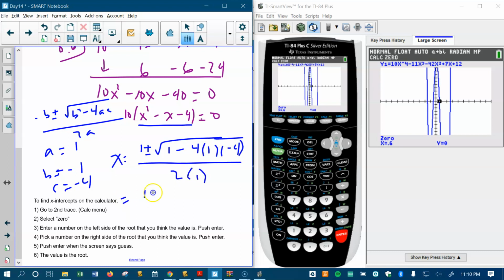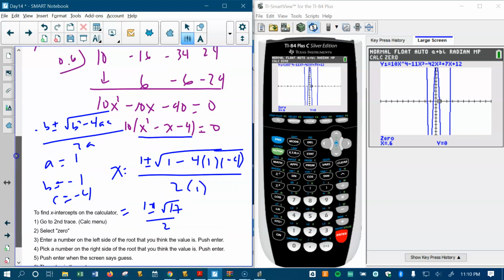Let's see what this gets. That's going to be root 17 over 2. I got 17 because the negative and the negative make a positive. 4 times 4 is 16, and I added 1, which is 17. So I got 1 plus or minus root 17 over 2, which are my final answers.